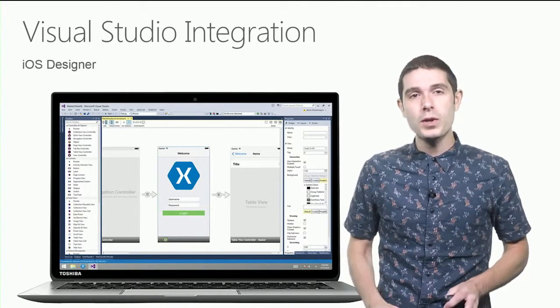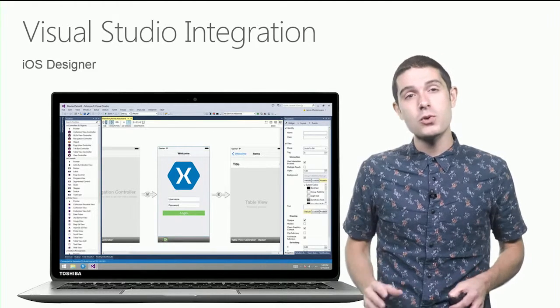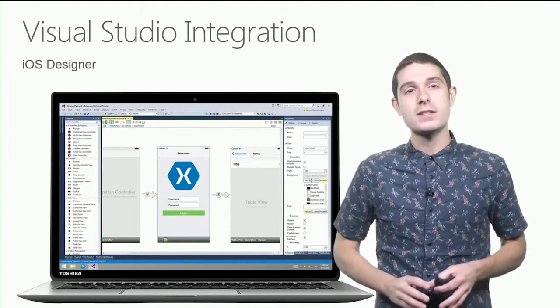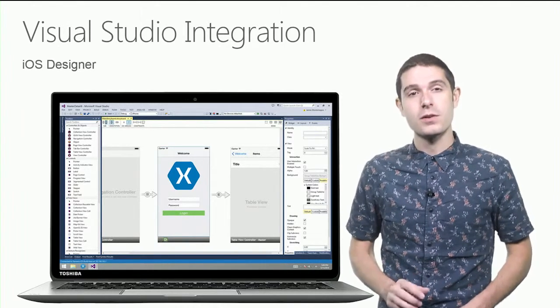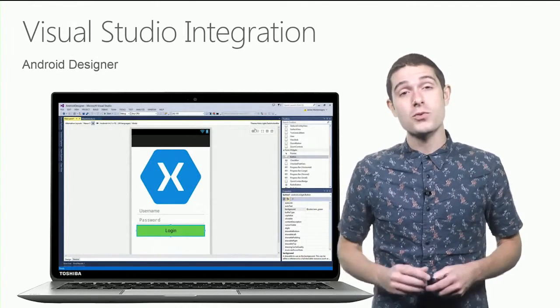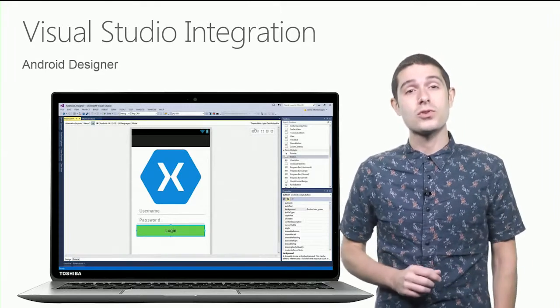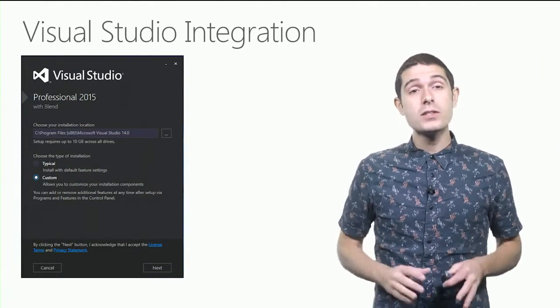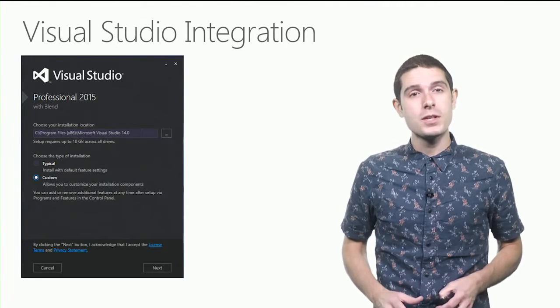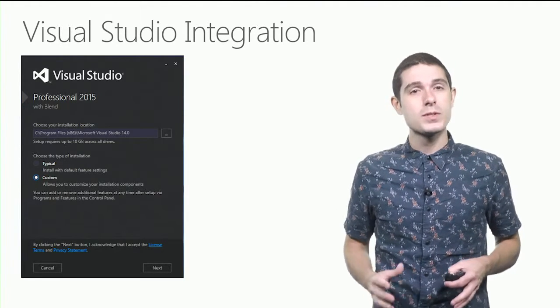And we have great tooling inside of Visual Studio to get you up and running with our iOS Designer for Visual Studio to craft great iOS user interfaces, and of course, our Android Designer built right into Visual Studio 2015. Now, when you install 2015 for the very first time, it's super simple to get started with Xamarin.